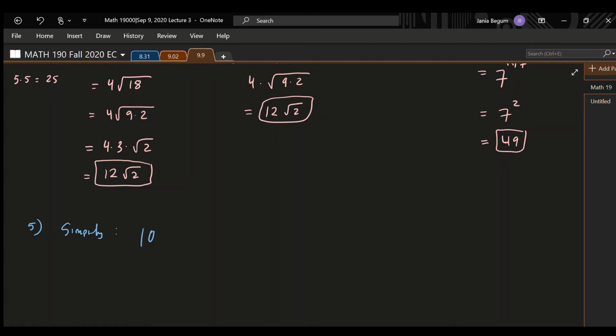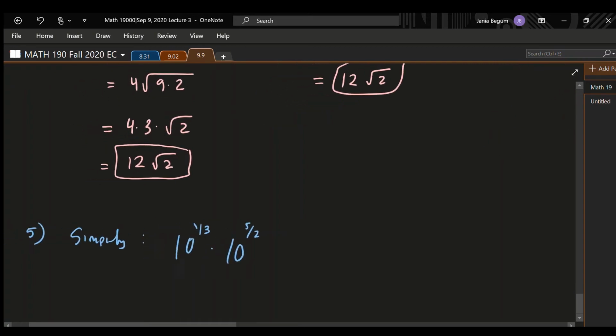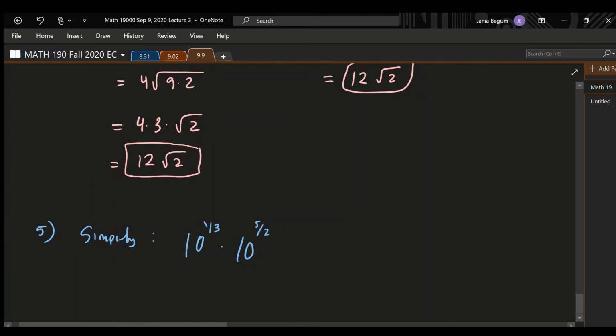I want to try again. 10 to the 1/3 times 10 to the 5/2. Okay, so hopefully you guys can read my exponent. So I want you to simplify 10 to the power 1/3 times 10 to the power 5/2. So take 1 minute, come up with the answer.